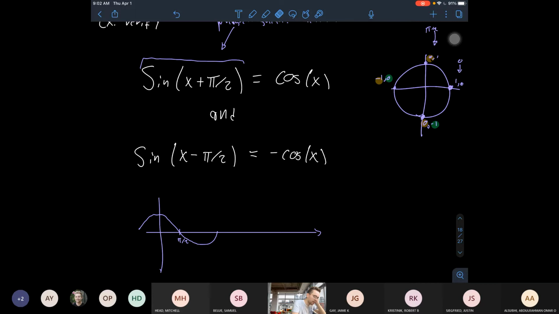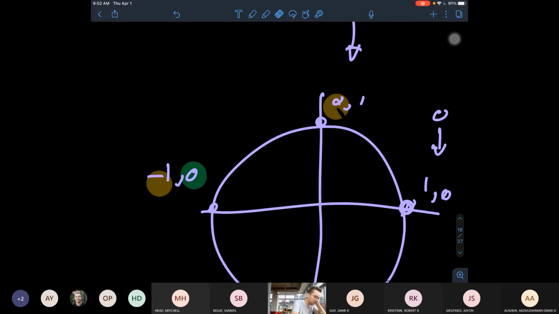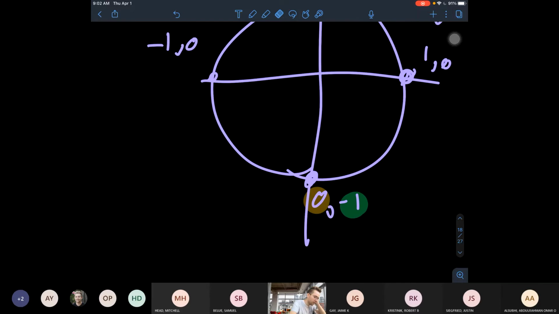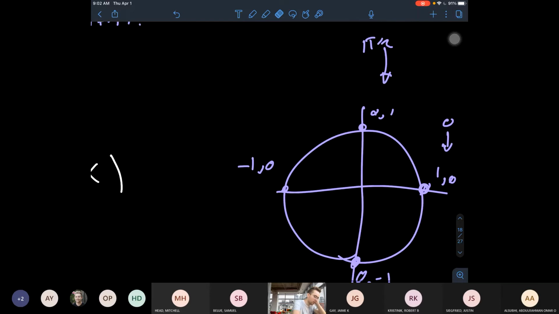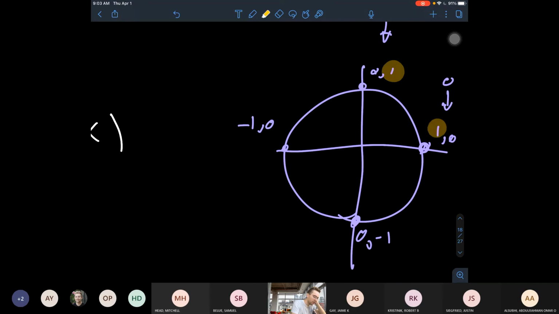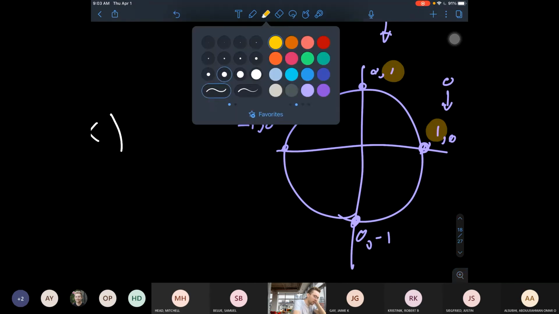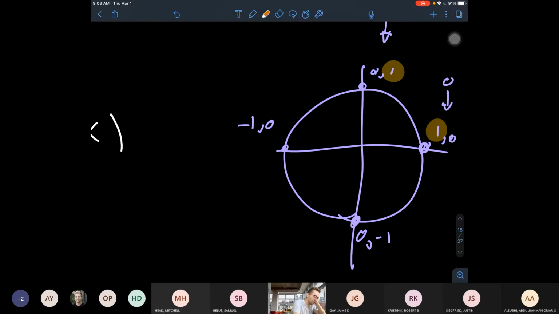Let me see if I can make these colors match up for you guys. It's saying, well, essentially, this 1 is equal to this 1, and also this 0 here is equal to this 0 here.